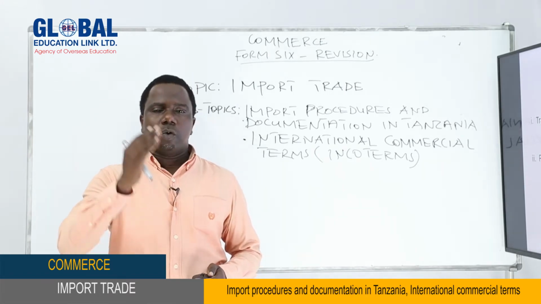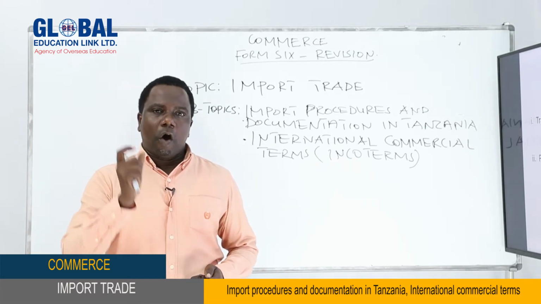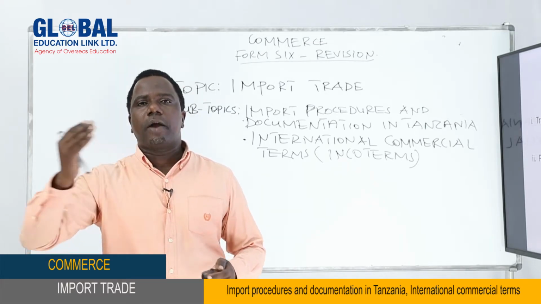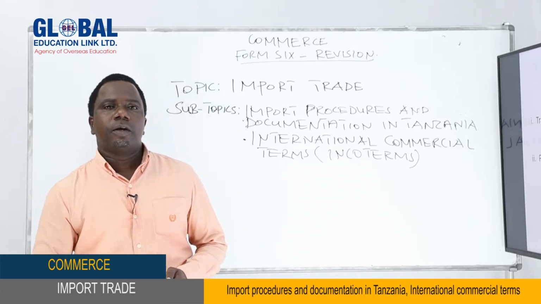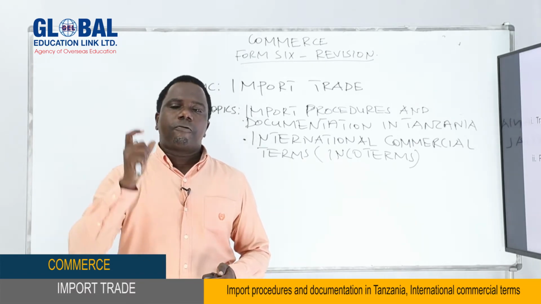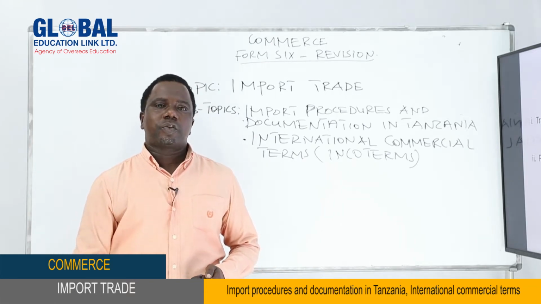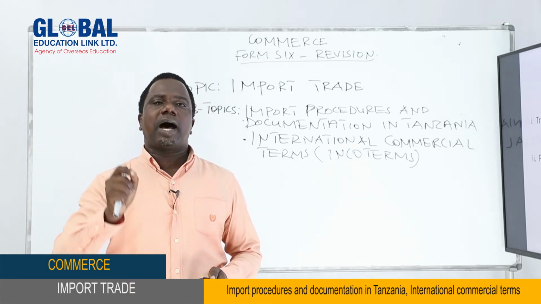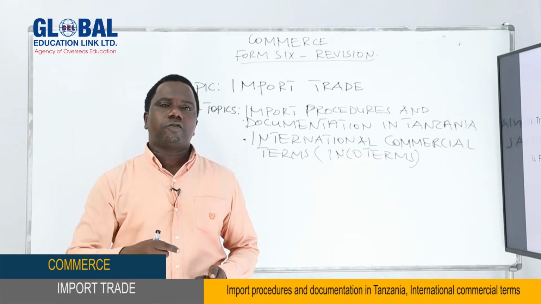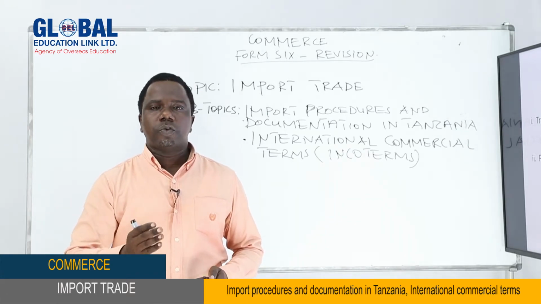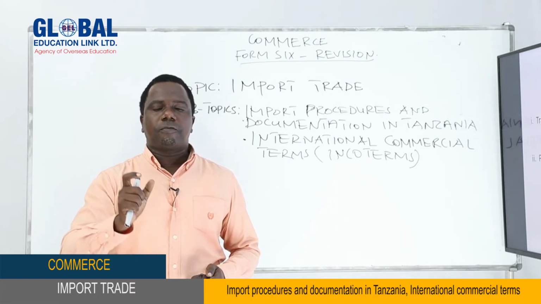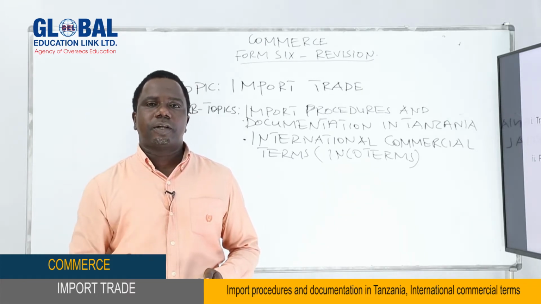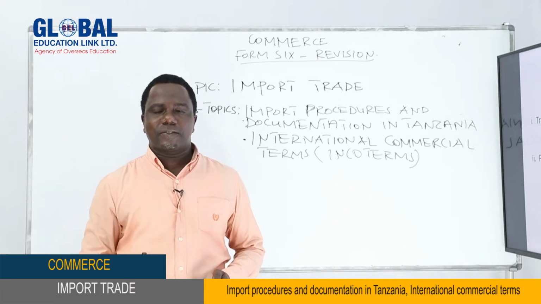The government does this purposely in order to protect local industries, but also in order to control foreign currency. So the only goods which are allowed to come in the country are those for which the government, through the Ministry of Industry and Trade, will provide the license.